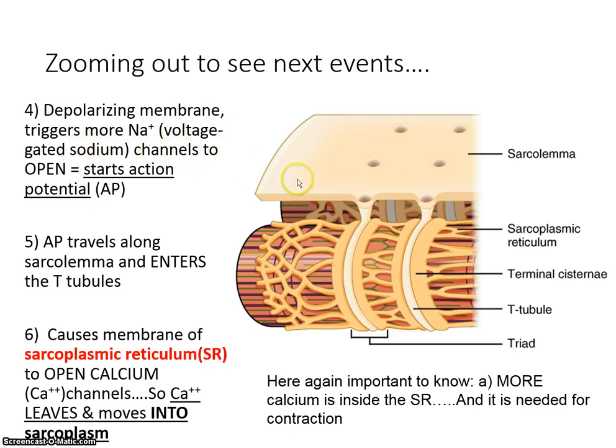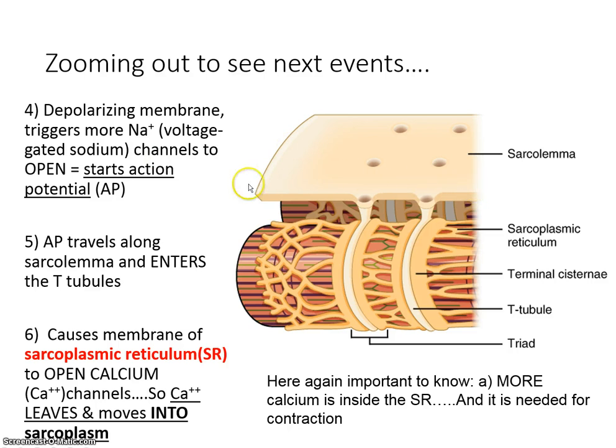These are spread away from this junction along the sarcolemma. Here's a close-up of the sarcolemma. We change the electrical potential in one area where the axon is meeting it, we've depolarized, and this starts a chain reaction where sodium channels begin to open along the rest of the sarcolemma.